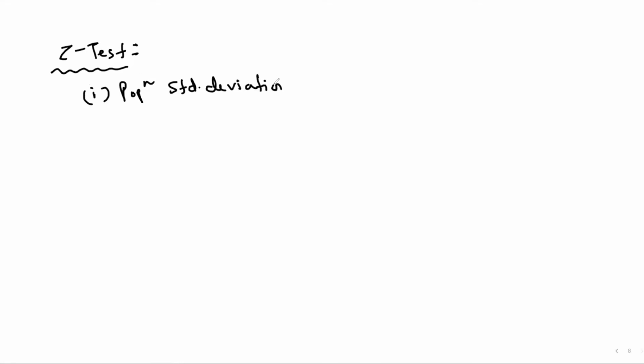Now let me just write it down here. Z test. When you apply Z test, there are a few conditions that should be met before you really apply this test. Number one is if your population standard deviation is given. If it is given, then definitely you will use Z test.